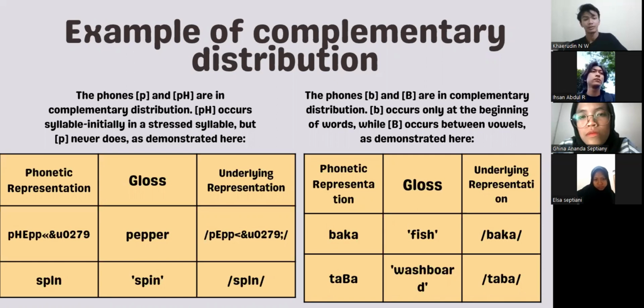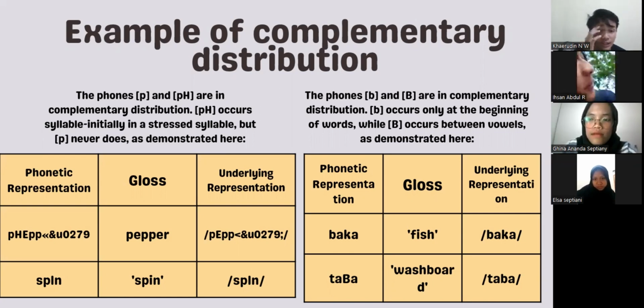Okay, and then just to tell about an example of complementary distribution. So, like Abdul said, the two kinds of P are in complementary distribution. The aspirated P occurs in a stressed syllable, but the unaspirated P never does, as demonstrated in the words pepper and spin.